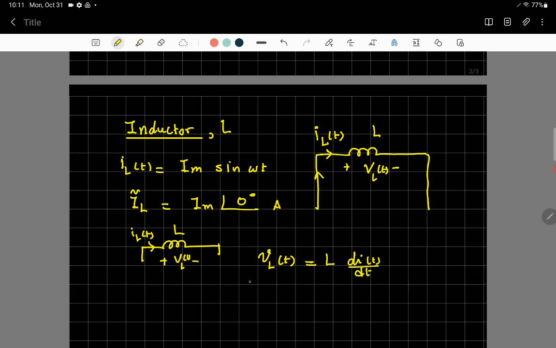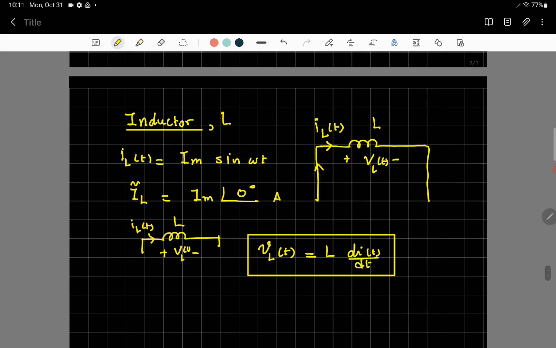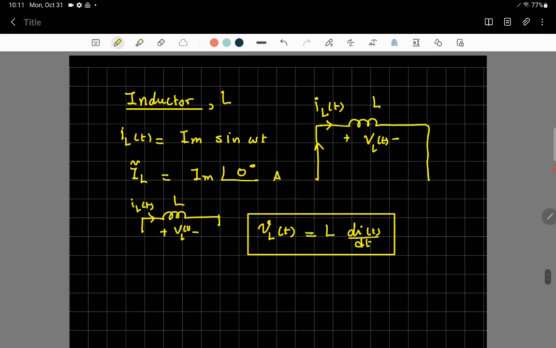That's the basic relationship between the voltage and the current in the inductor. Well, let me just write again, the current was given as Im sine omega t. We ask ourselves how to find the voltage. First, you differentiate the current with respect to time and then multiply it by L.